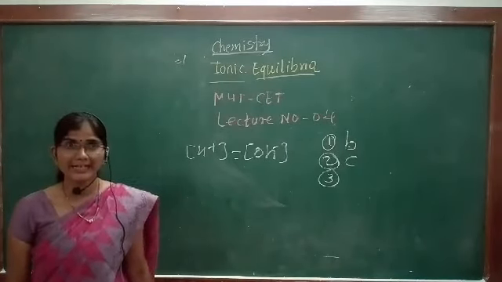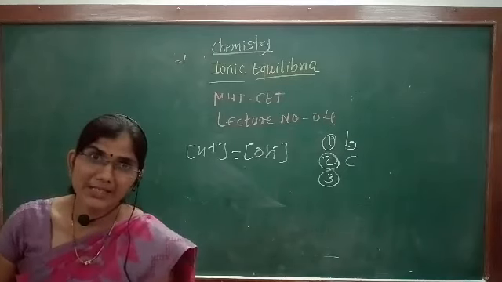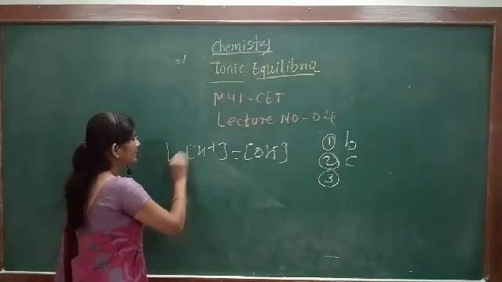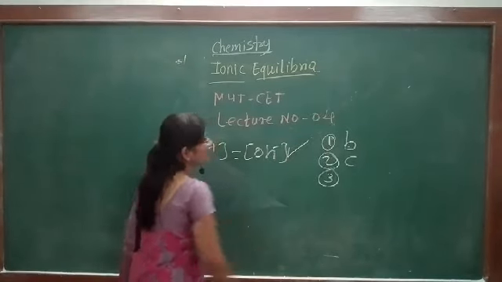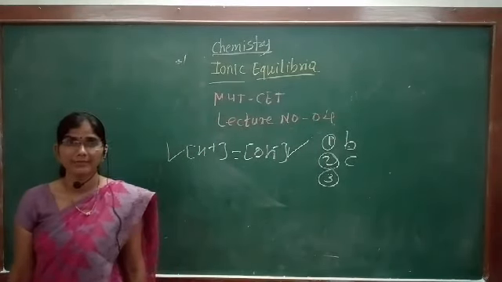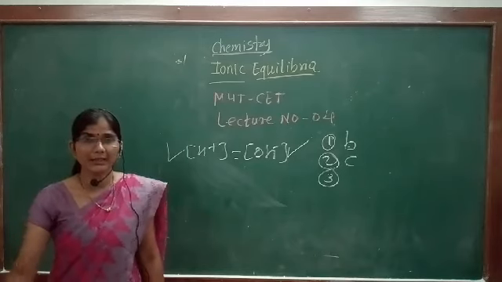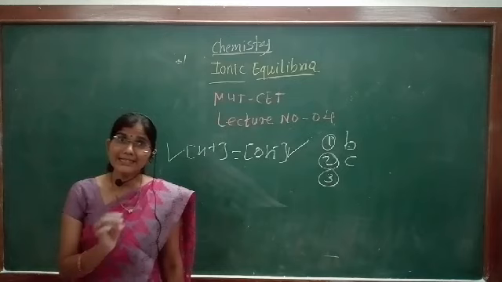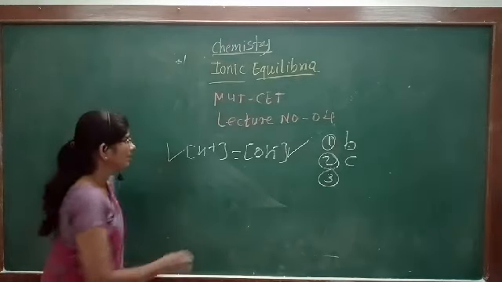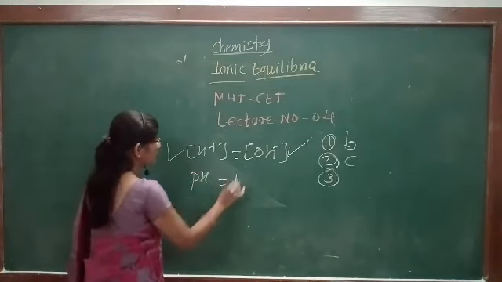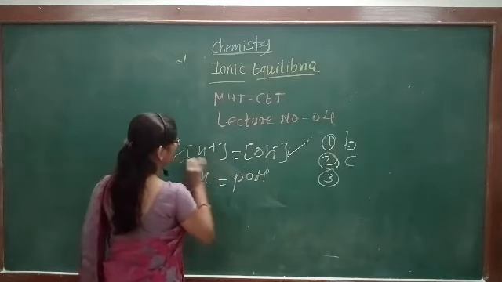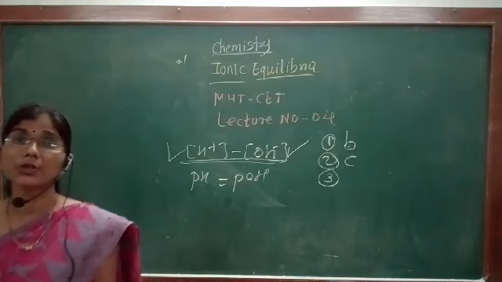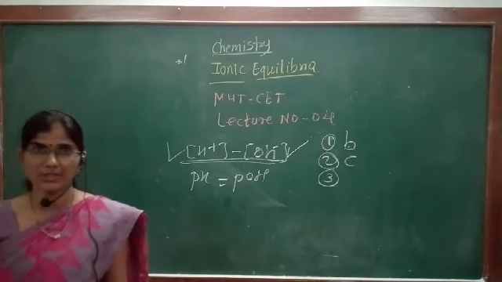For a neutral solution, whatever its pH is, its pOH will be the same, because the H plus ion concentration and OH minus ion concentration are the same. It is not equal to 7, but it is the same. That means for a neutral solution, pH is equal to pOH, because for a neutral solution, H plus ion concentration is equal to OH minus ion concentration.